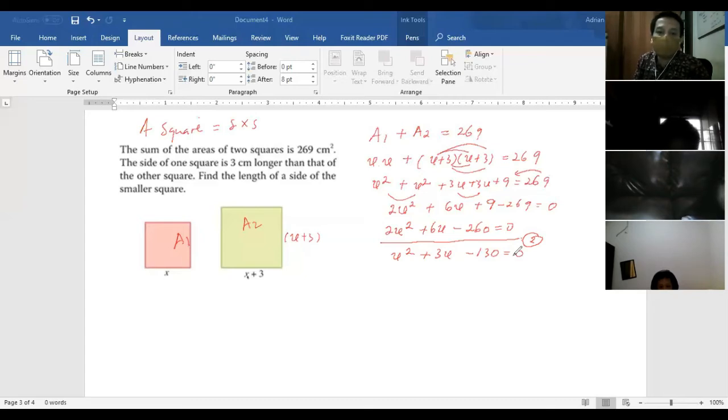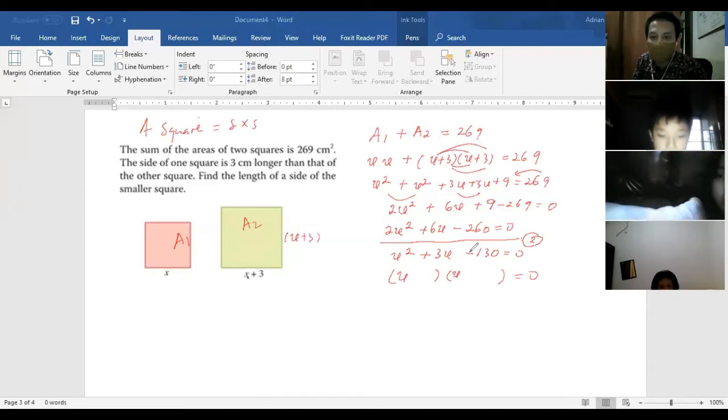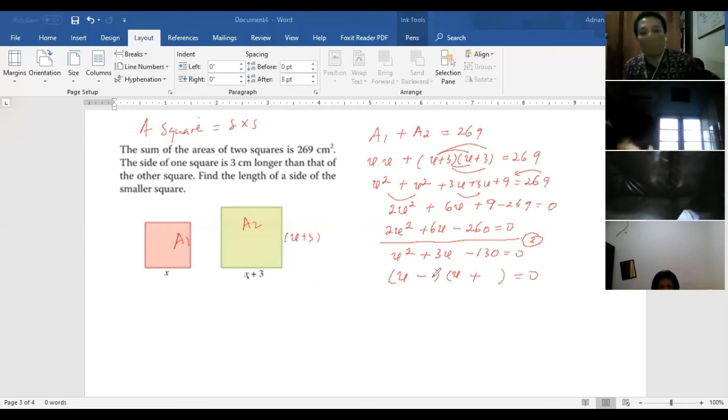Okay, as usual, you have to factorize. Can you guess the factor, please? You got this one minus, right? C is minus. When you find C minus, it means positive and negative, or negative and positive. So can you guess the factors of 130?